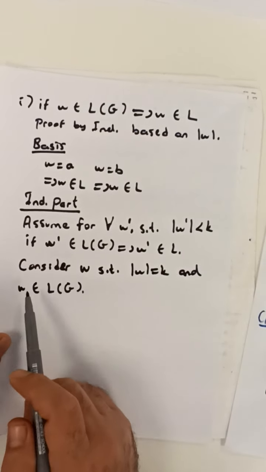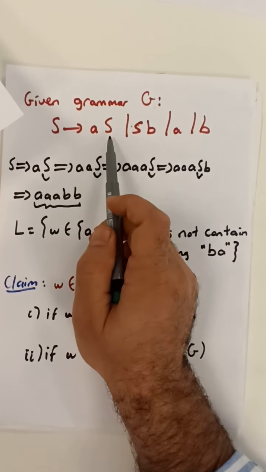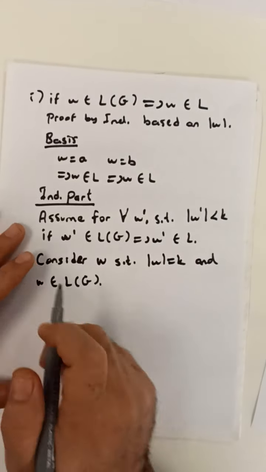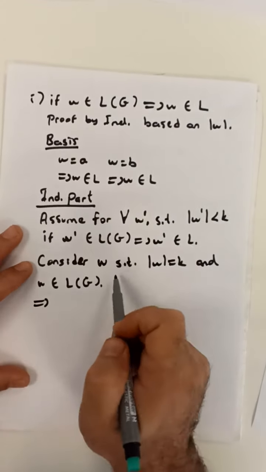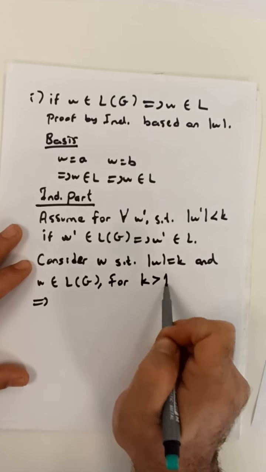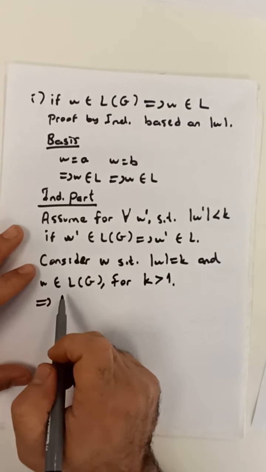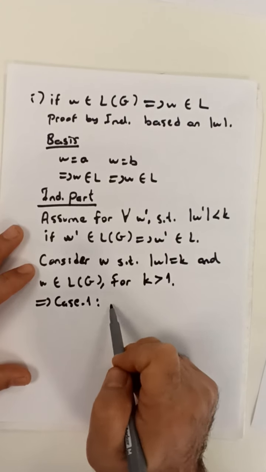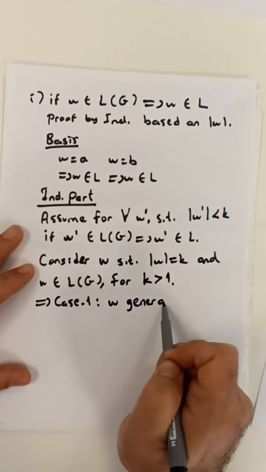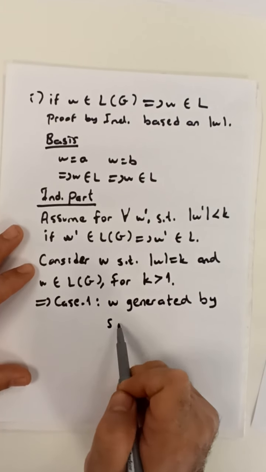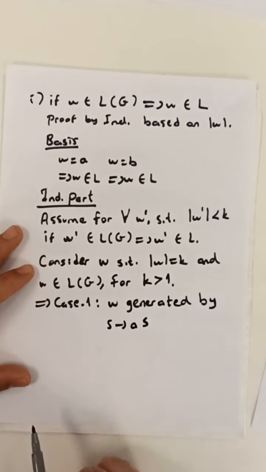Then this W, if it is generated by our grammar, must be generated using one of these two rules. So for K greater than 1, there are two possibilities. Case 1, W generated by the rule S goes to AS.